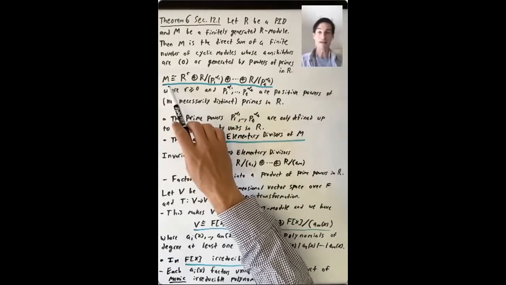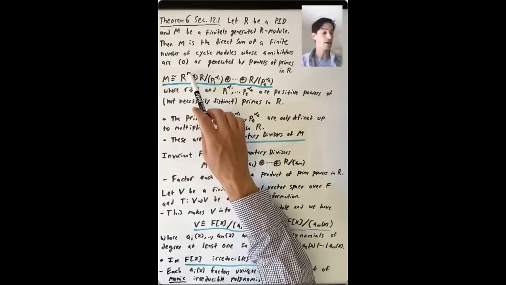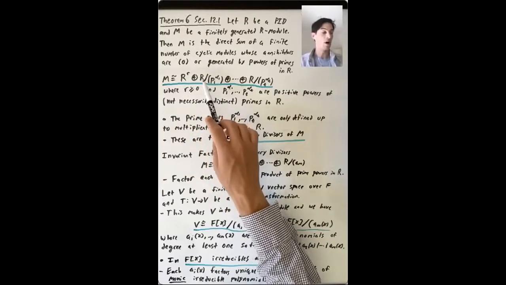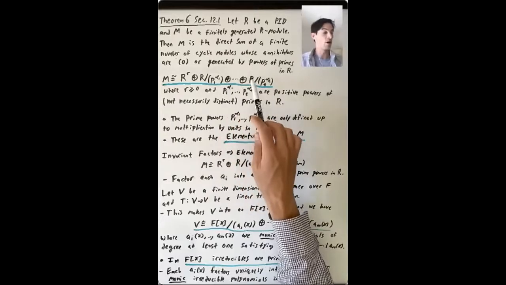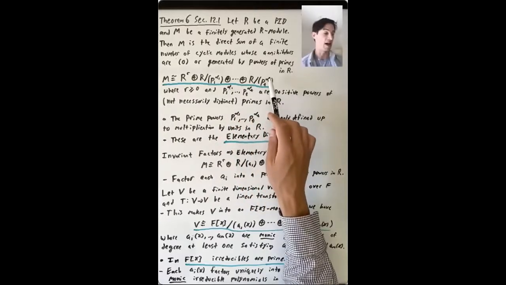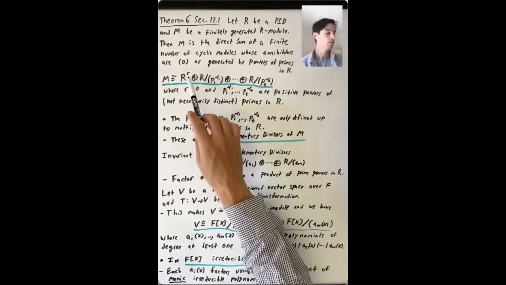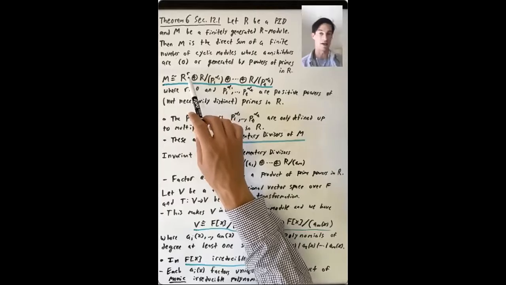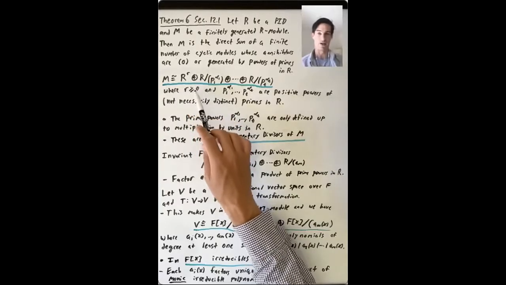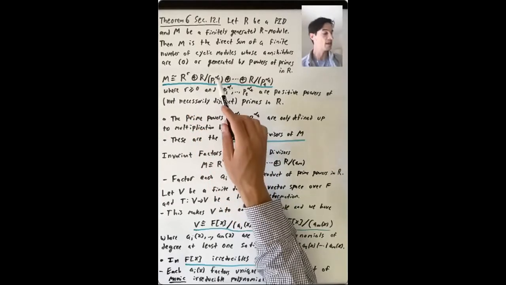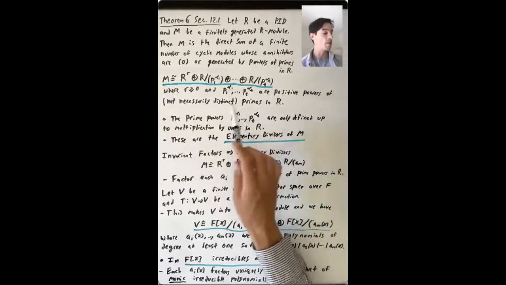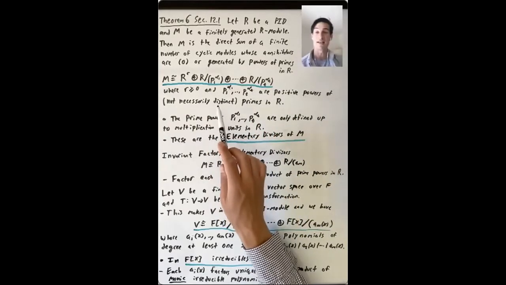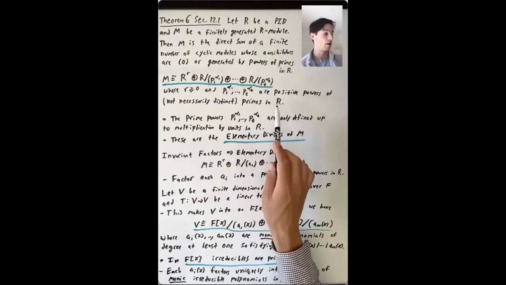We see that M is isomorphic to R^r, direct sum R mod the ideal generated by p1^α1, direct sum, and so on, direct sum R mod the ideal generated by pt^αt, where this little r is the free rank, some non-negative integer, and p1^α1, p2^α2, up to pt^αt are positive powers of not necessarily distinct primes in R.